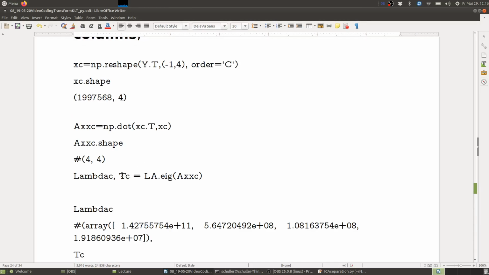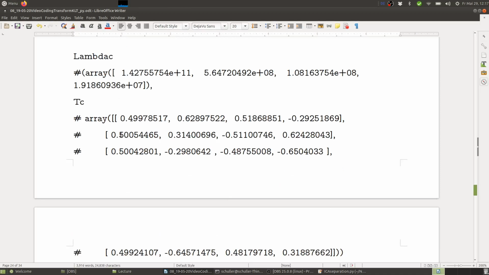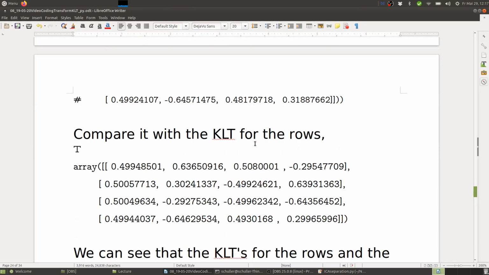So here T for the columns, here the eigenvalues for the columns, and here is the KLT for the columns. Again, in the first column you can see it's almost identical. Here the first is again almost precisely 0.5, and then the rest also looks very similar.